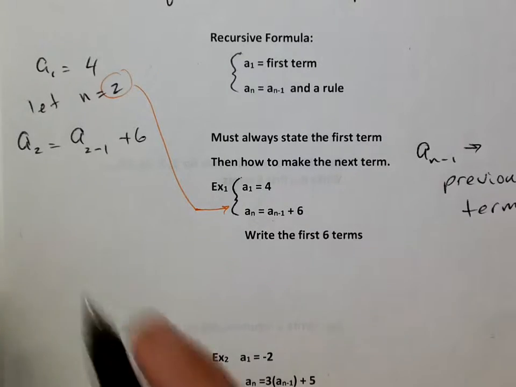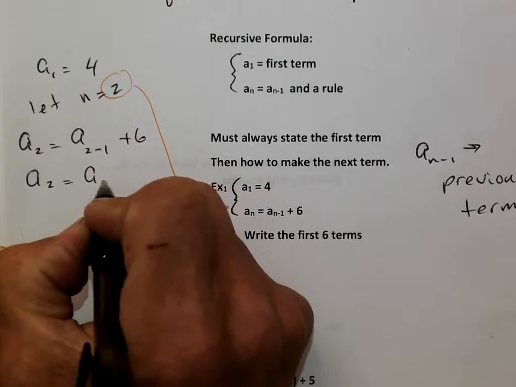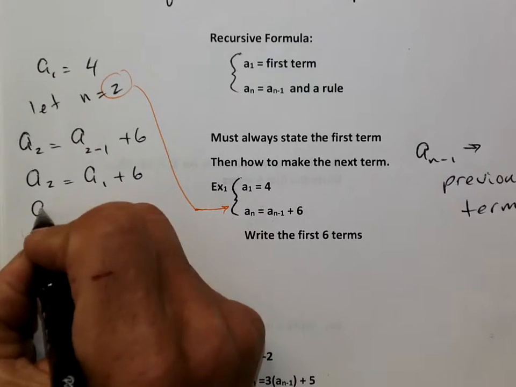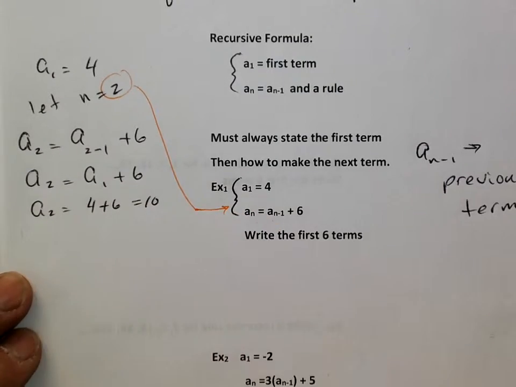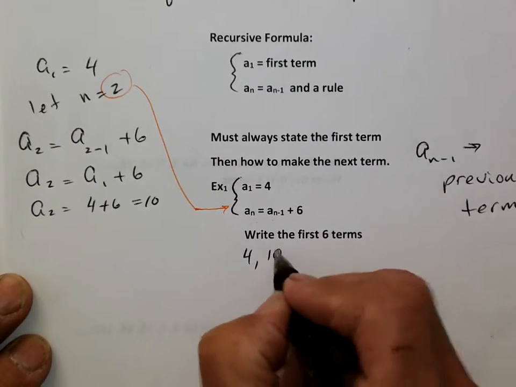So then A2 is equal to A1 plus 6. So that would be 4 plus 6. Yes! We know A1, don't we? A1 is 4. You guys agree? So A of 2 is equal to 4 plus 6, which is 10. Okay, so far I've got 4, comma, 10, right?